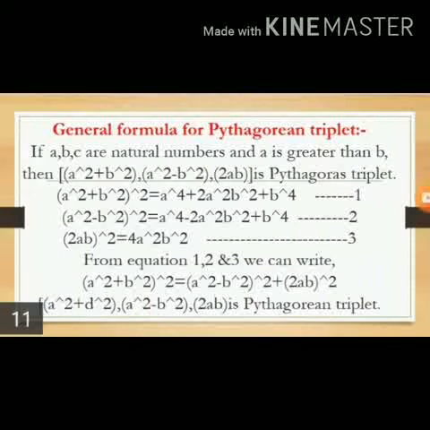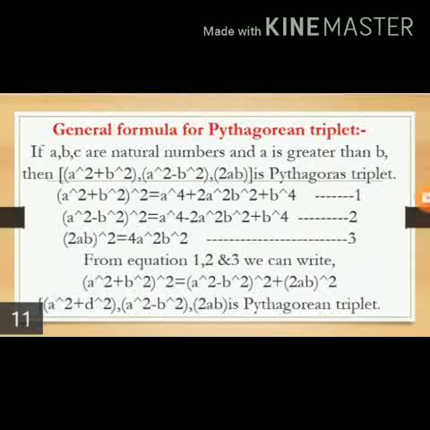To prove this, take the square of each term. At first, we take the square of the first term, a² + b². Therefore, (a² + b²)² is equal to a⁴ + 2a²b² + b⁴. This is equation 1.